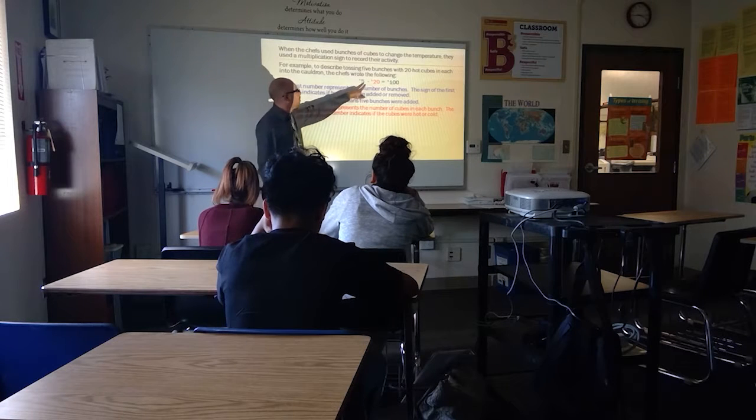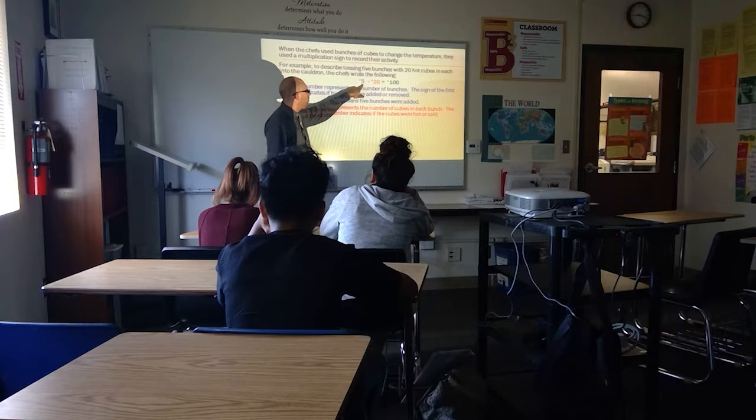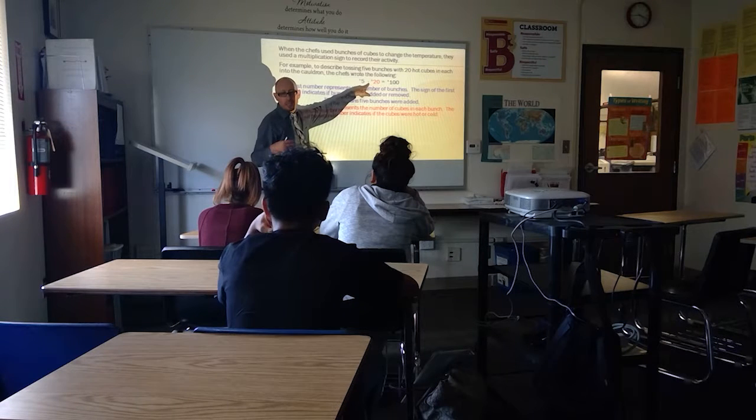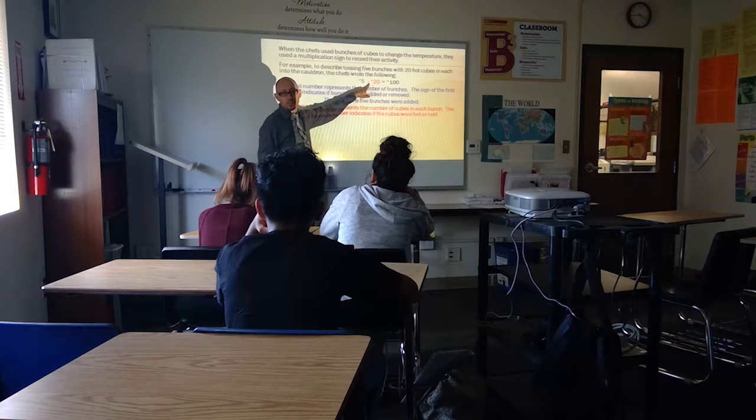The second number, so added 5 bunches of, you ever hear a multiplication called of? That's kind of why they were like, oh, we'll just put a multiplication sign instead of writing the word of. So added 5 bunches of, what kind of cubes do you think these are? Hot. Why do you think that? Because it has a plus sign. Because it's red, right?